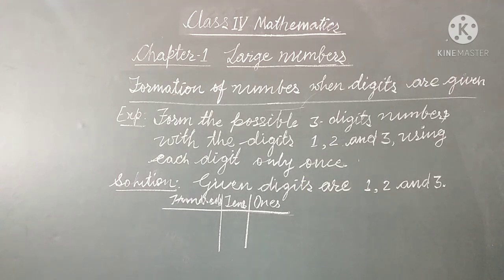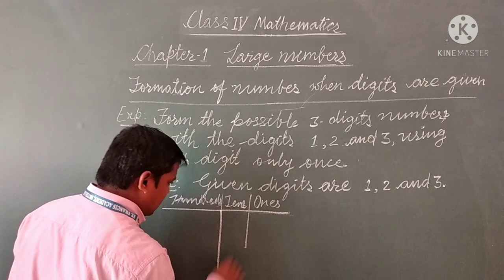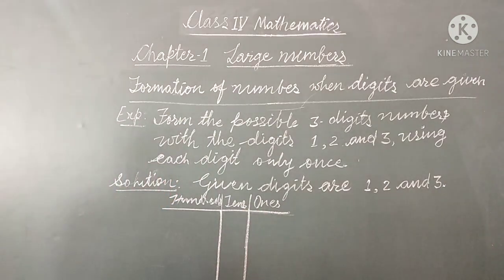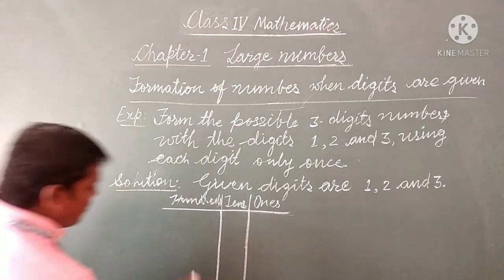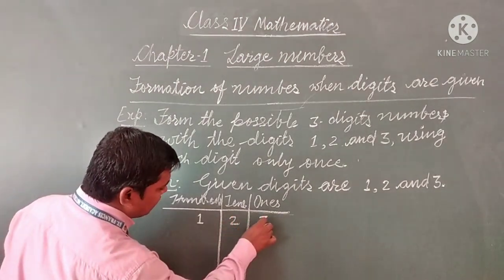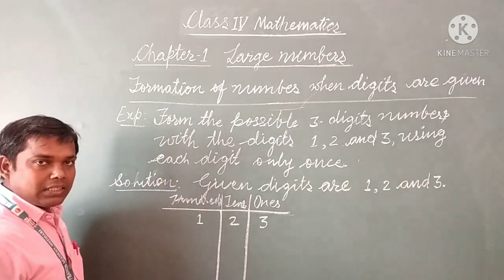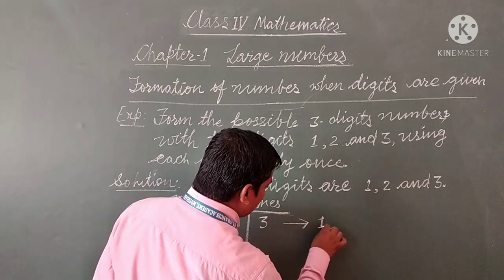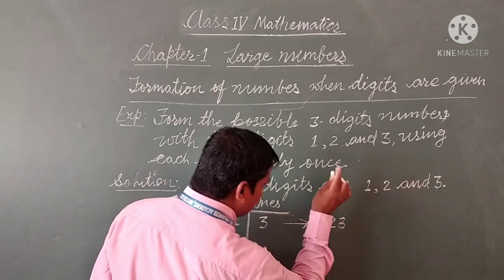Okay. So when we write the numbers, suppose 1 will be at hundreds place, 2 will be at tens place, and 3 will be at ones place. So the number formed is 123.